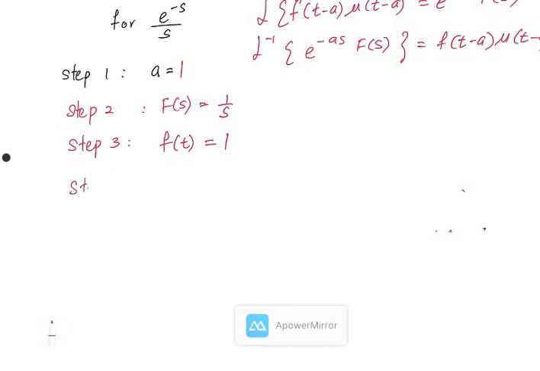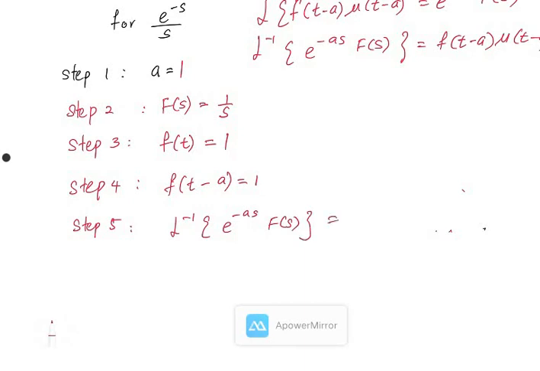And then step 4, change the variable from t to t minus a for the function f(t). So f(t minus a) is equal to 1. Then step number 5 is to evaluate the inverse Laplace transform of the exponent negative as F(s). So this is equal to f(t minus a) u(t minus a).